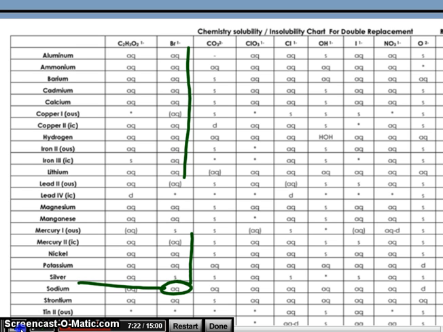We see that it's still in the dissolved state. Now I'm going to check the magnesium and the nitrate. So I find magnesium and across to the nitrate. Both of these would create aqueous substances, so when we go back to our problem, there would be no reaction.